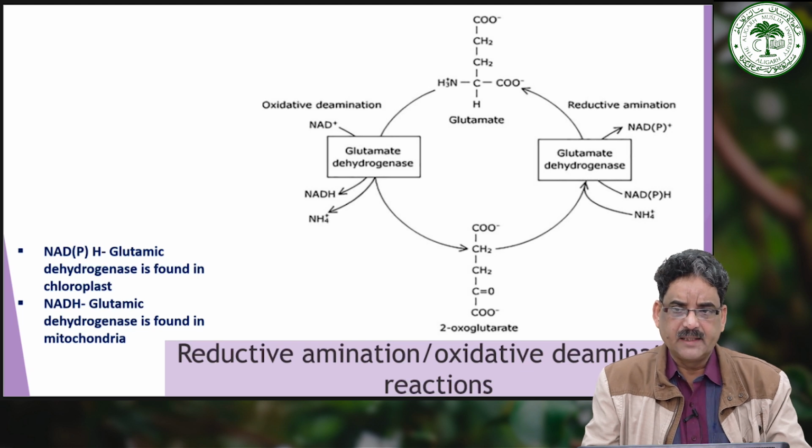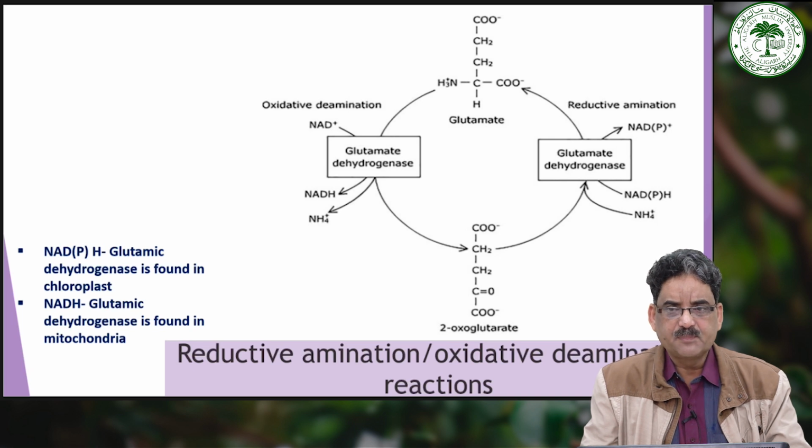On the other side, during oxidative deamination, the opposite occurs. The reaction leads to the removal of amino groups from amino acids, producing ammonia and keto acids.